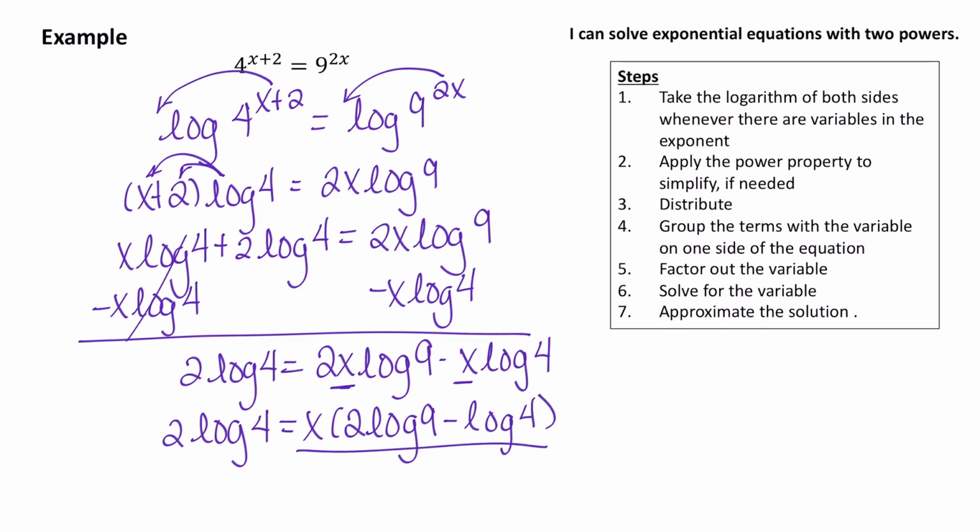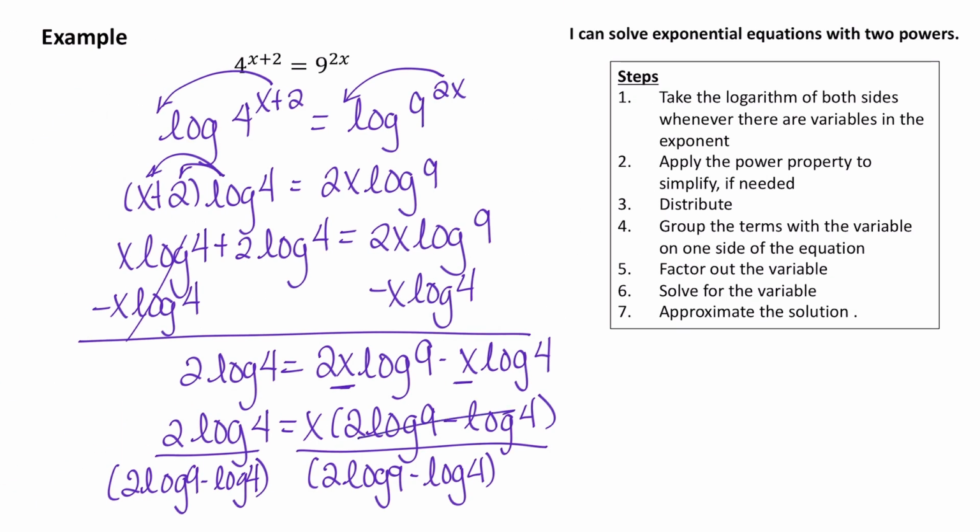So I'm going to divide both sides by that so that I can get the x by itself. So I'm going to divide both sides by 2 log 9 minus log 4. And so when I do that, on the right side, notice that these two terms cancel. So I have 2 log 4 over 2 log 9 minus log 4 equals x.